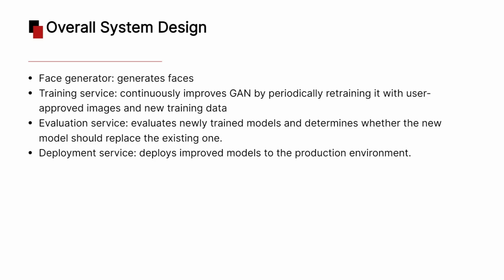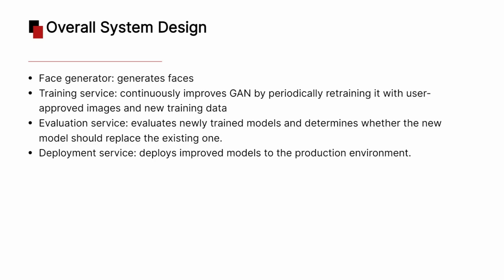Evaluation service. After retraining, the evaluation service rigorously assesses the new GAN model against offline metrics, human evaluations, and production benchmarks. Only if the new model demonstrates clear improvements in quality and performance will it be approved to replace the existing model. This ensures stable, high-quality outputs without regression. Deployment service.